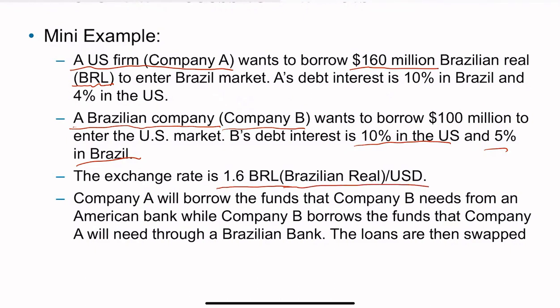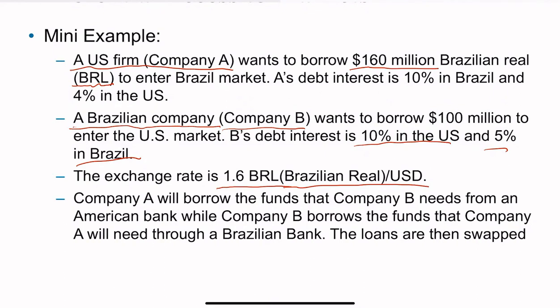So now we don't want to consider the impact of exchange rate. We just want to focus on this currency swap. So now we want to see how this currency swap would work.